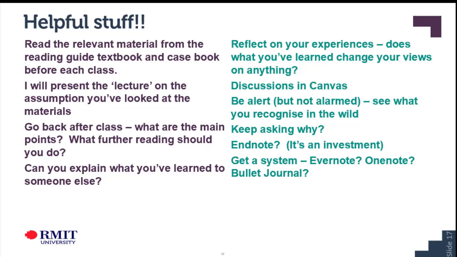I'm often suggesting electronic things because I like trees and I'm a bit of a geek. But bullet journaling is also an option, and there are YouTube videos on how to do that. There's a Cornell note-taking system. On the whole, it's a really good idea, particularly when you have open book exams, to pick a system and stick with it, because towards the end of the semester you are going to try and gather that information in a way that you can take your notes in a useful fashion into an exam.